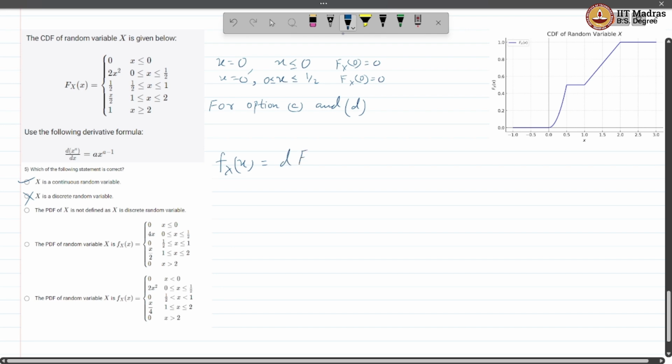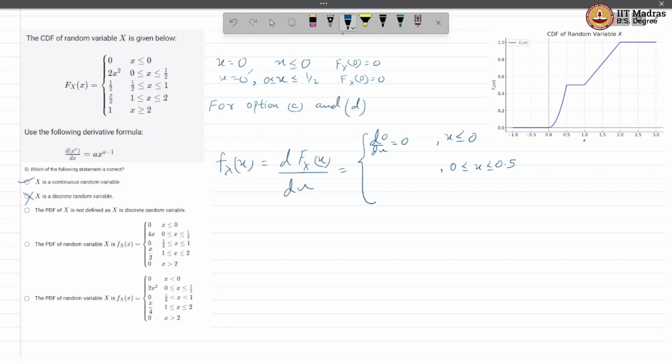So PDF of x is equal to differentiation of given CDF with respect to x, which is equal to, in interval x less than equal to 0, as the defined CDF is 0, the PDF will be differentiation of 0 with respect to x, which is equal to 0. And in interval from 0 to 0.5, the defined CDF is 2x squared.